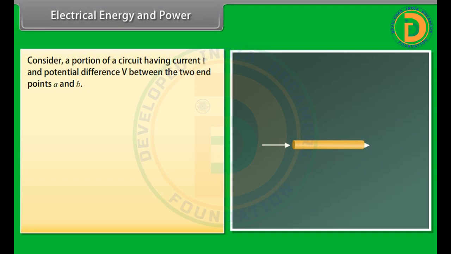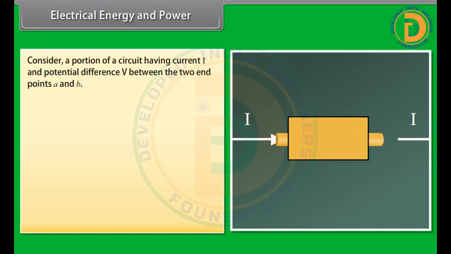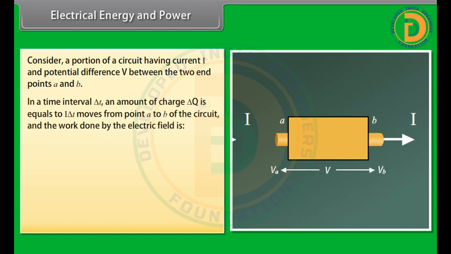Electrical energy and power. Consider a portion of a circuit having current I and potential difference V between the two endpoints A and B. In a time interval delta t, an amount of charge delta Q is equal to I delta t moves from point A to B of the circuit, and the work done by the electric field is equal to the product of V and delta Q, which is equal to the product of V, I and delta t.